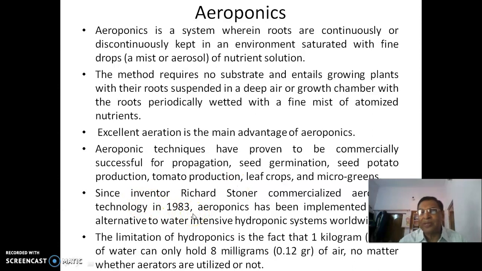The inventor of aeroponics, Richard Stoner, developed it in 1983. So aeroponics is of very recent origin, whereas the hydroponics concept is as old as the 17th century, and from the 1930s onwards NASA and many commercial people have been experimenting with it, and it has been very successful even today.